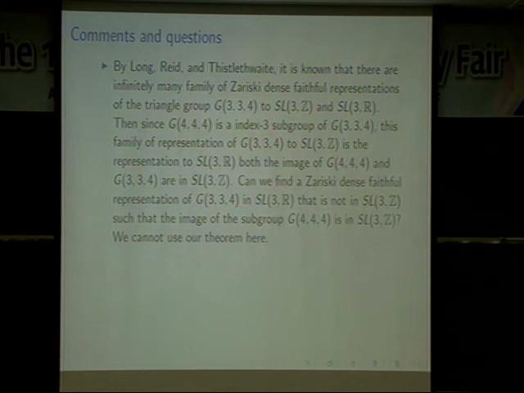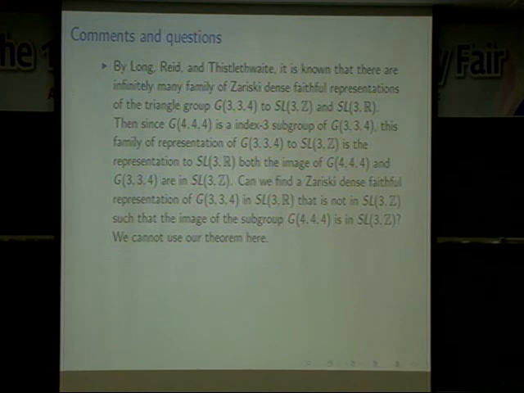Both the images of G44 and G334 are in SL3Z. But can you find a Zariski dense representation of G334 in SL3R that is not in SL3Z, such that the image of the subgroup G44 is in SL3Z?